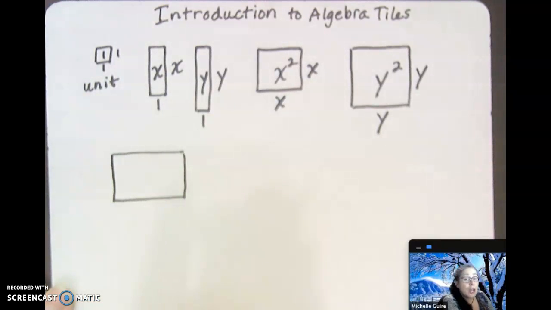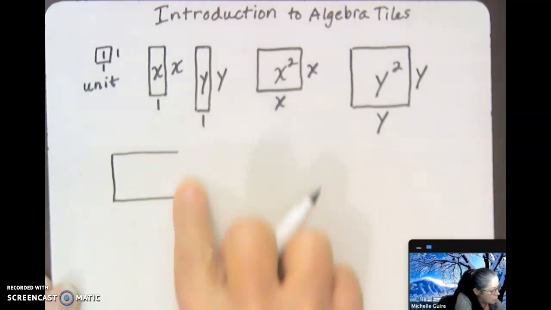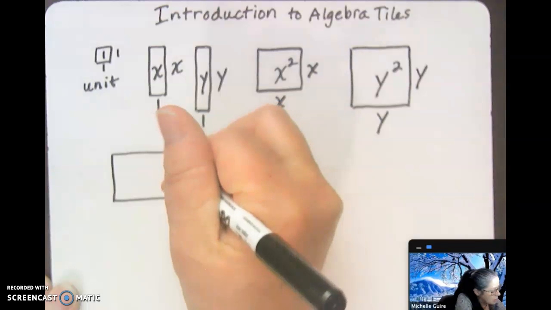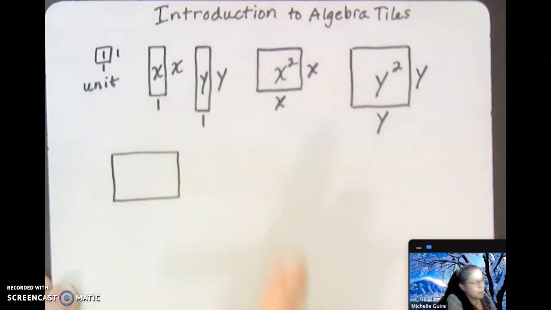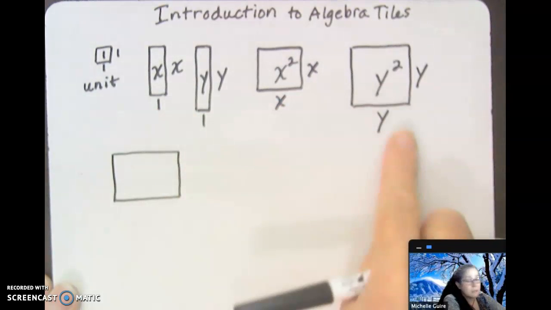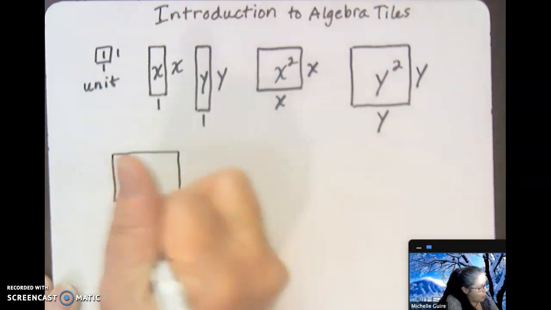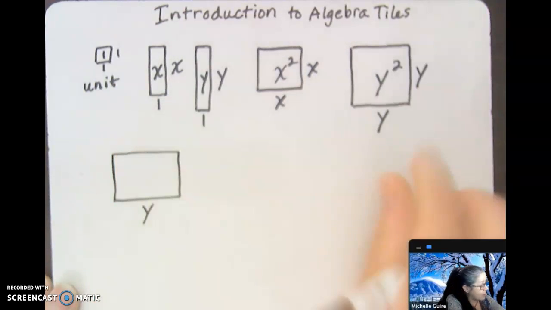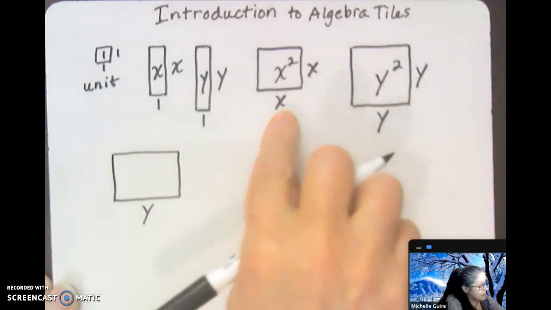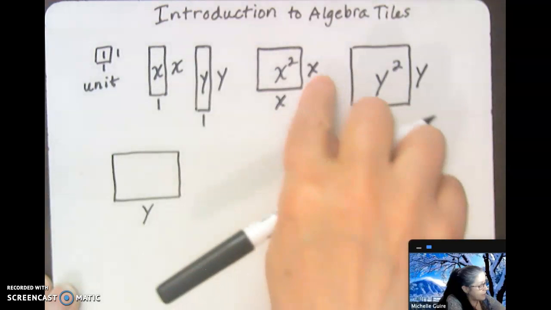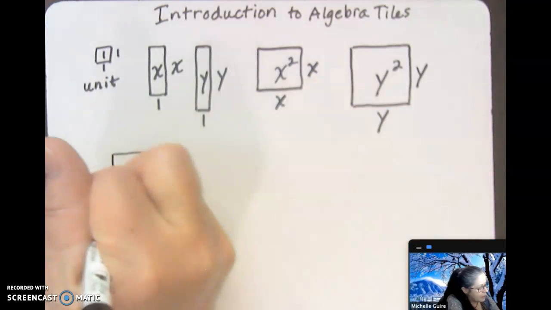It's definitely not a square, but it definitely looks like, I'm going to make this a little shorter. I always draw it a little too long. So it definitely looks like it has the base of the y tile, or the y squared tile, and it has the height of the x squared tile.